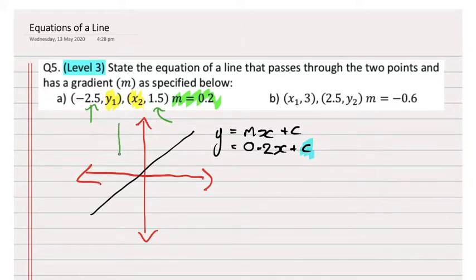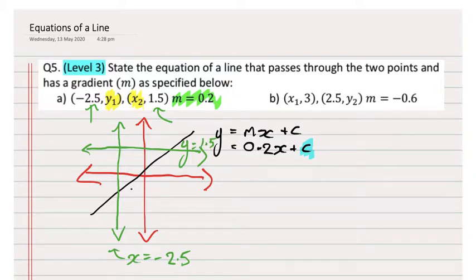So if I show that on the line as such, this would be x equals negative 2.5. And on the other one, we see the y value. So the x2, that's undefined, but the y value is 1.5. So that would be somewhere like this. So y equals 1.5.